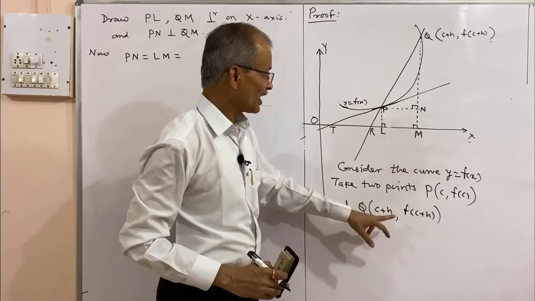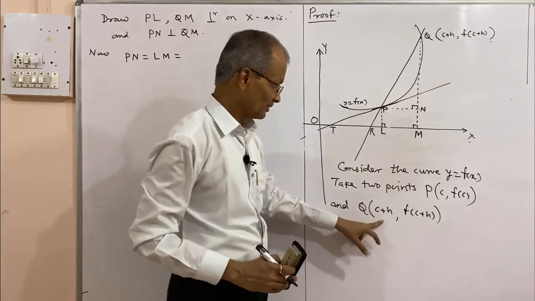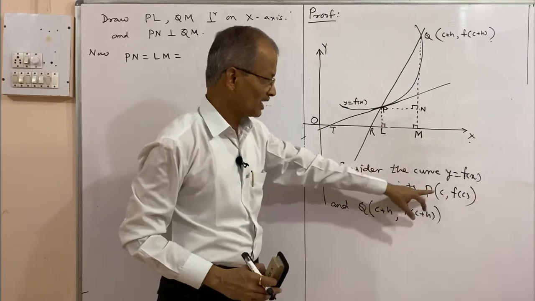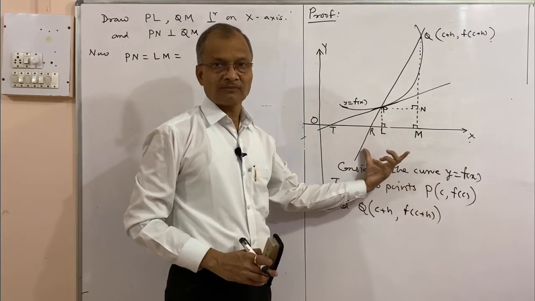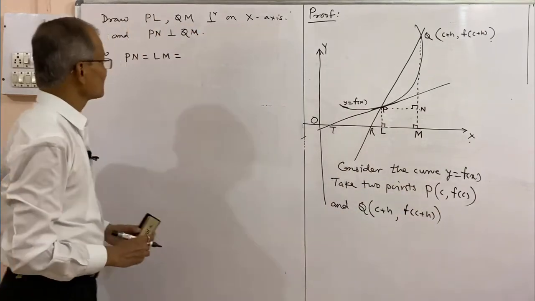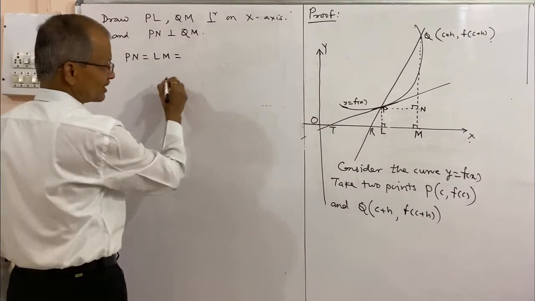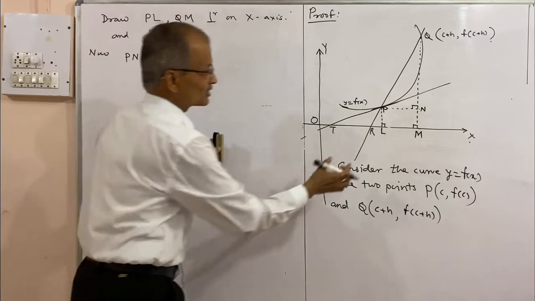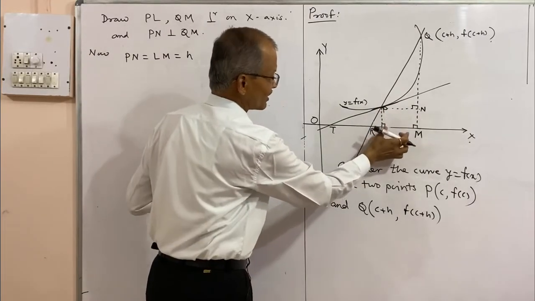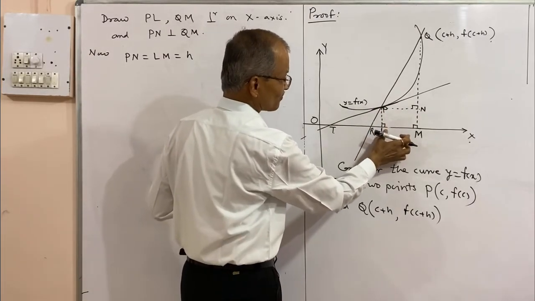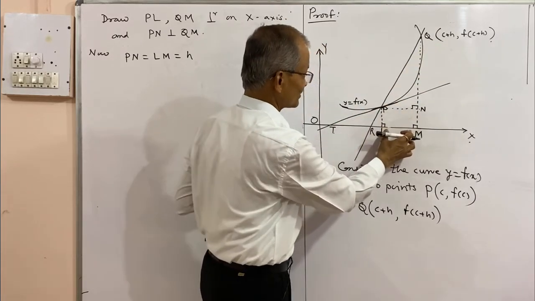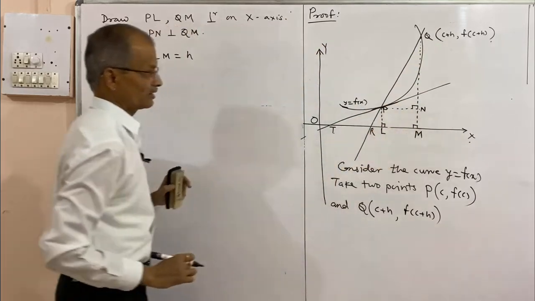OM will be the x coordinate of Q, that is C plus H. So therefore, LM will be C plus H minus C, which means H. So this distance is H, because the x coordinate of P is C and the x coordinate of Q is C plus H. The difference of C and C plus H is H.